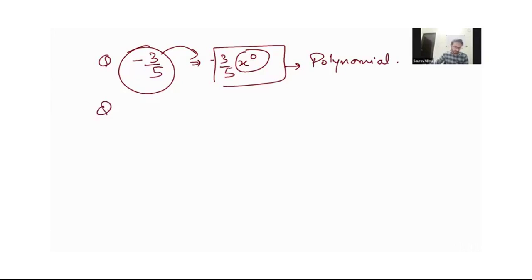Let us take another example: x square by 2 minus 2 by x square. x square by 2 is okay, but what about 2 by x square? We can write 2 by x square as 2 into x to the power minus 2. It is a polynomial in variable x, but the power of x is minus 2.